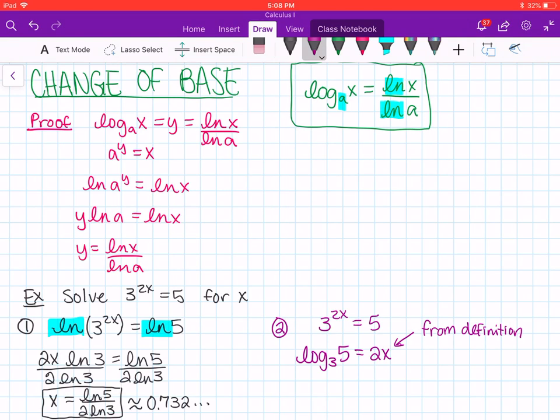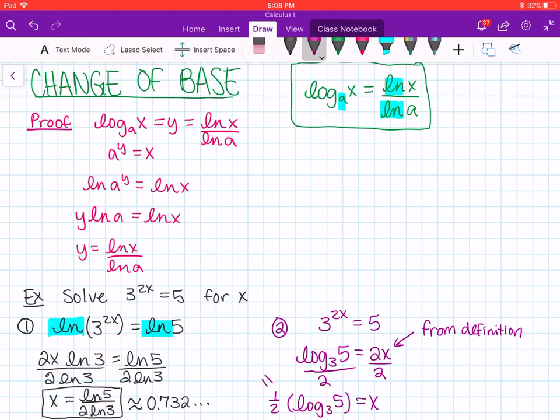Then it's really nice because to get x by itself, you just divide by 2. So you get log base 3 of 5, but then you multiply by 1/2, and that equals x. Now, believe it or not, that is the same number, but we don't have a log base 3 on our calculator. We only have log base e or log base 10. So in that case, you would want to use our change of base formula.